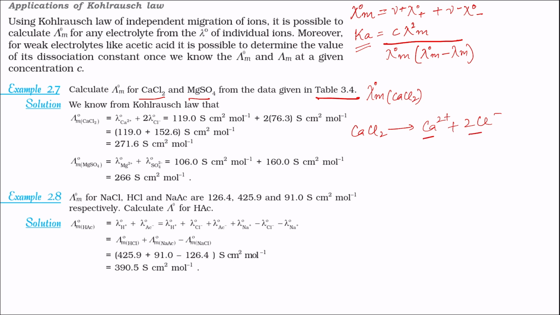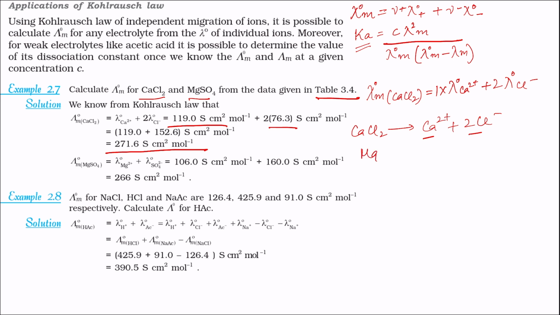Therefore, its limiting molar conductivity will be equal to 1 into lambda naught calcium ions plus 2 into lambda naught chloride ions. Putting the value of conductivity of calcium ions and chloride ions, the limiting molar conductivity of calcium chloride is 271.6 per ohm centimeter square per mole.